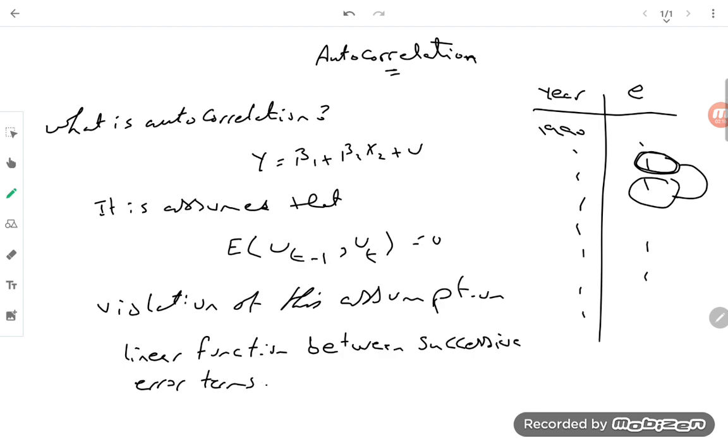And this is the problem of autocorrelation. It's commonly found in time series data. So the problem of autocorrelation is highly related to time series data.